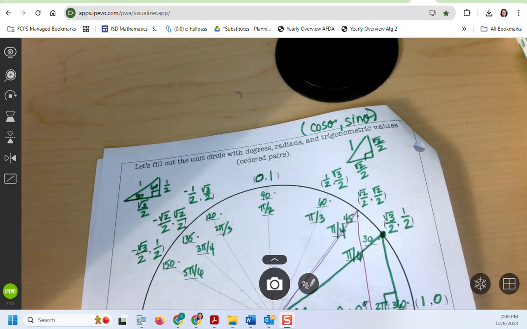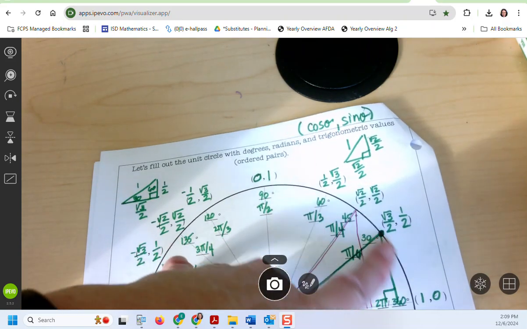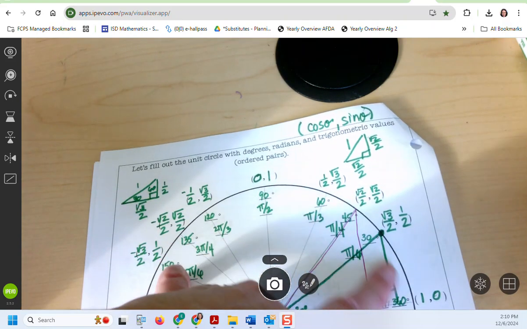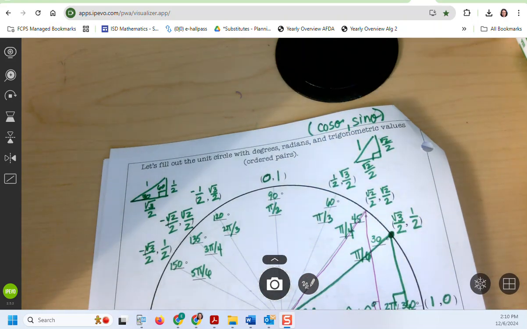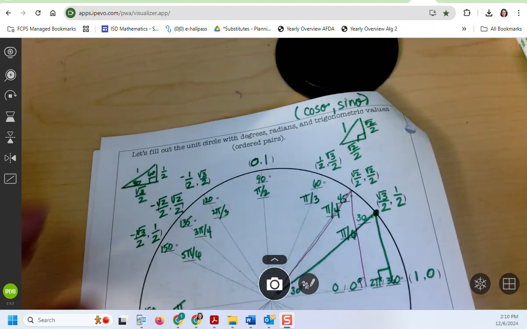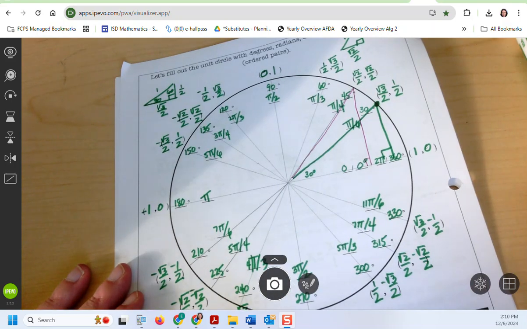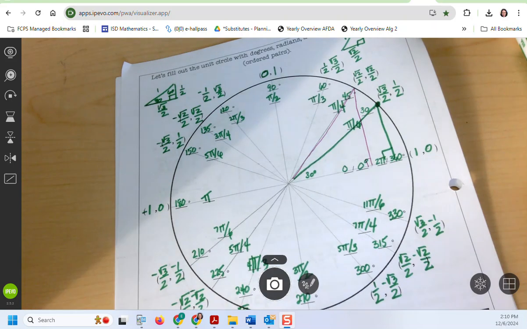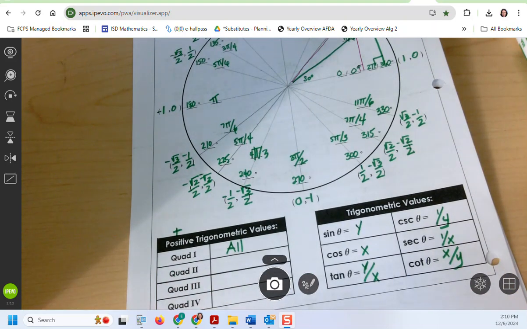Will they be 0? If I'm in the first quadrant, the cosine will be what? Positive, and the sine will be positive. And the tangent, which is y over x, will also be positive. So in quadrant 1, all your trig values are positive.